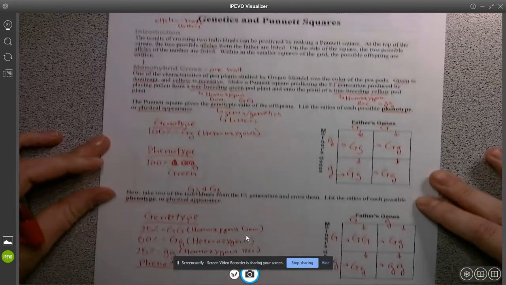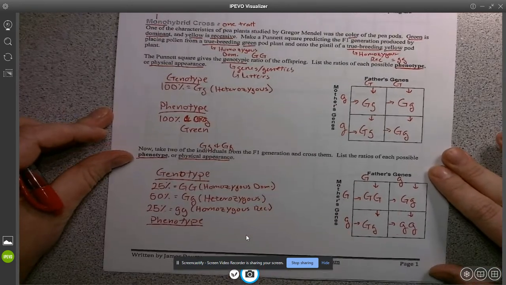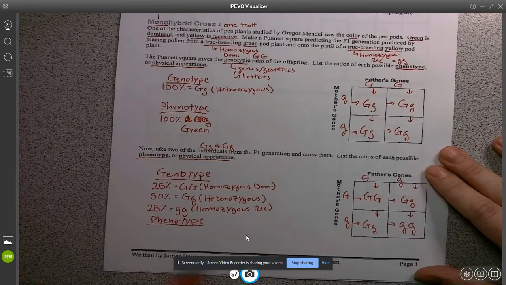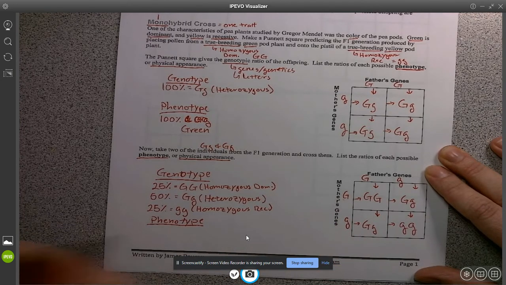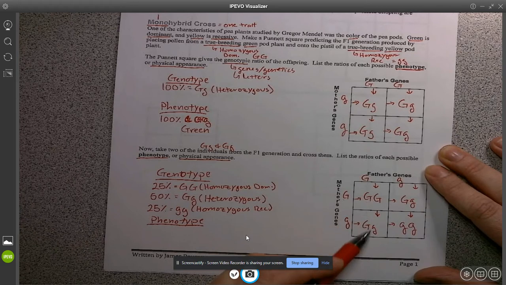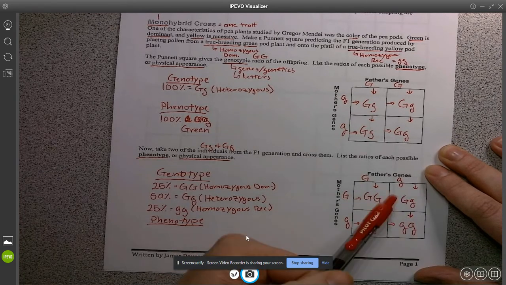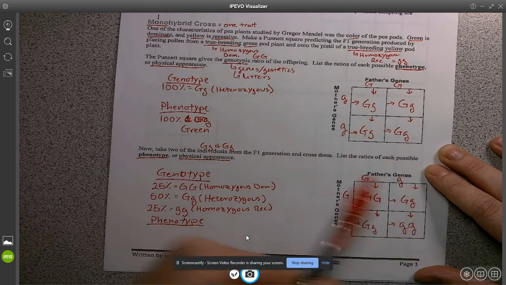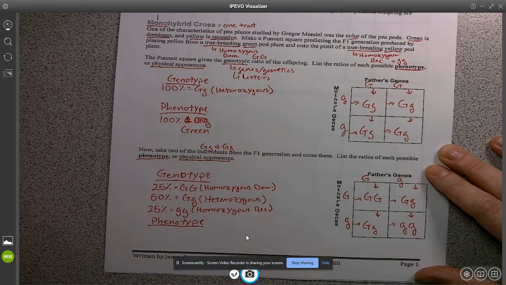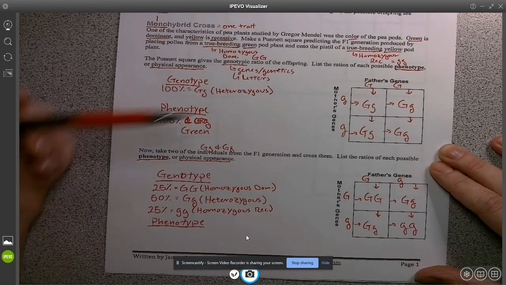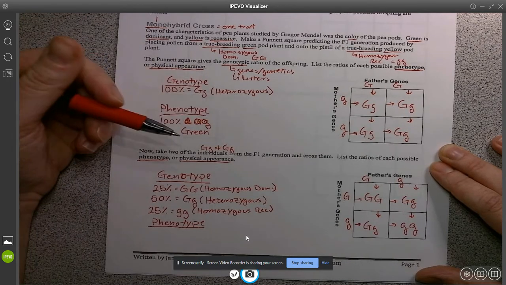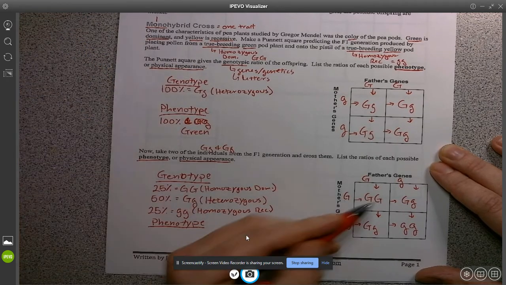Ooh, all right. So let's finish this up. The way I do this, and it's going to be the same whether it is a monohybrid, like these, a dihybrid when there's 16 boxes, or a trihybrid when there's more than 16 boxes, I just look and see, all right, what boxes have a capital G?